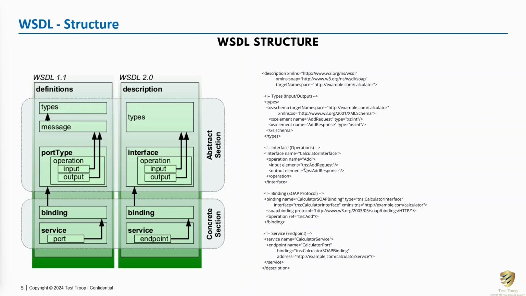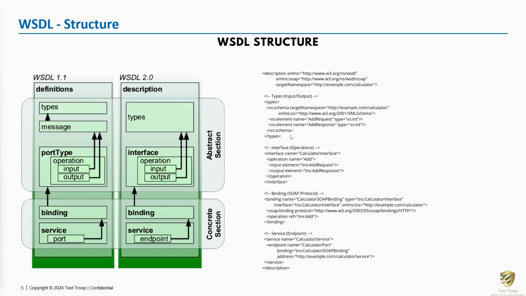The interface indicates the complete operations that the web service performs. It tells you the list of APIs that the web service exposes. In this example, we have only one API being exposed, which is called add. Then it also maps to the message types, the request message and the response message.